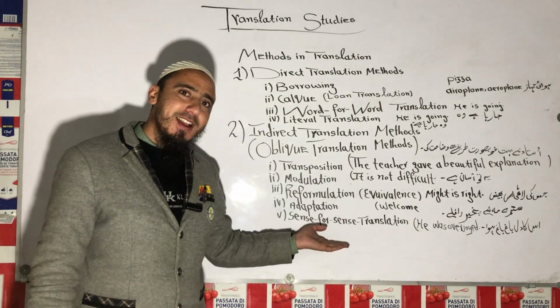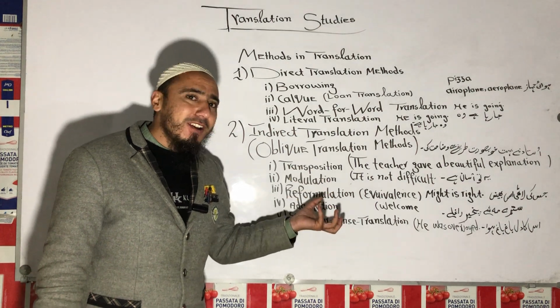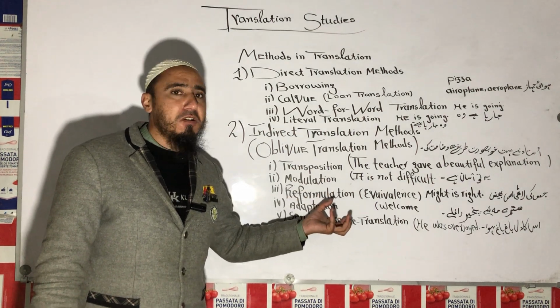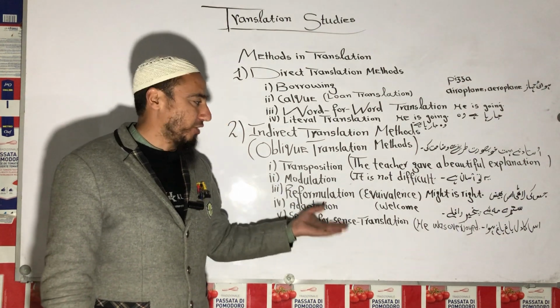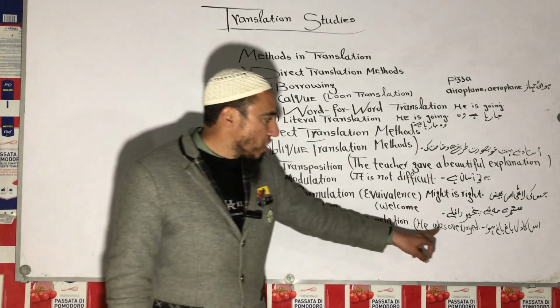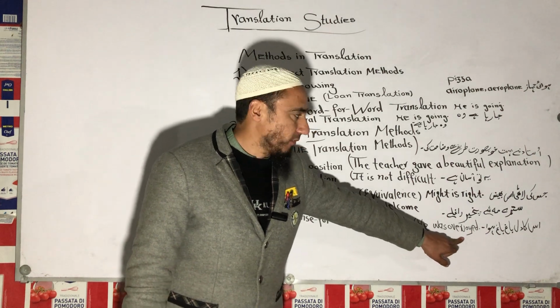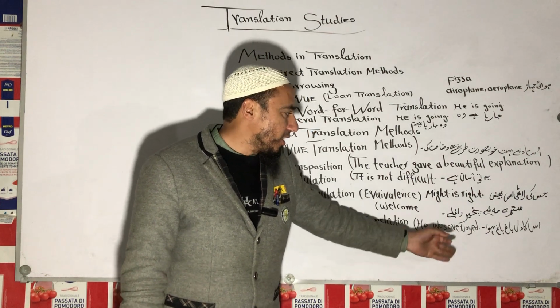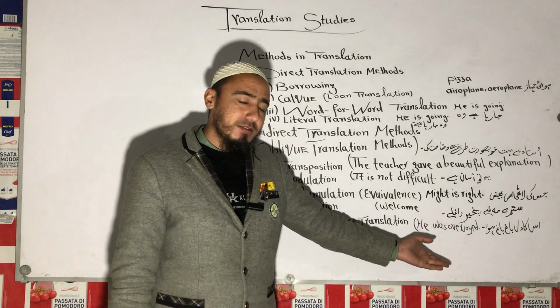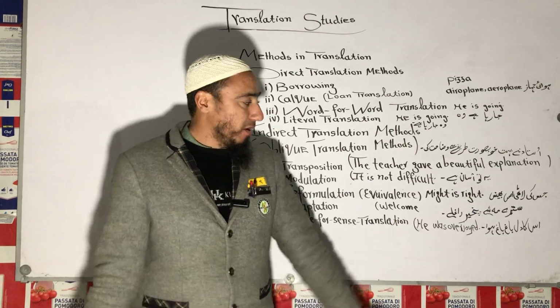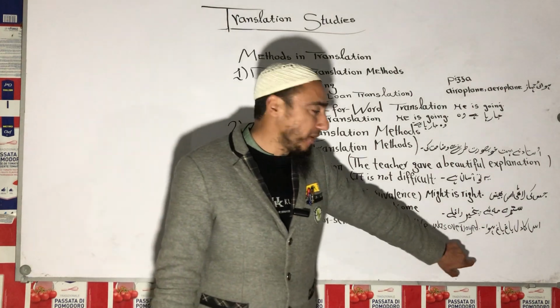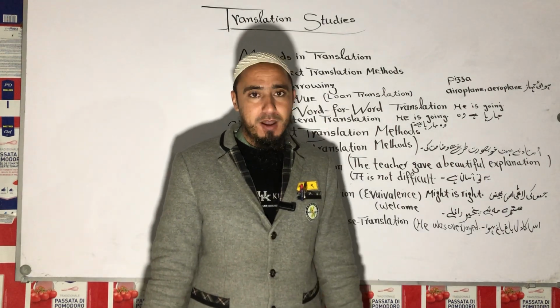But here again it does not follow the structure; it is actually the natural way of translation. For example, he was overjoyed. If you take the literal meaning, it means वो बहुत खुश हो गया. But here we are taking the natural meaning: उसका दिल बाग बाग हो गया.